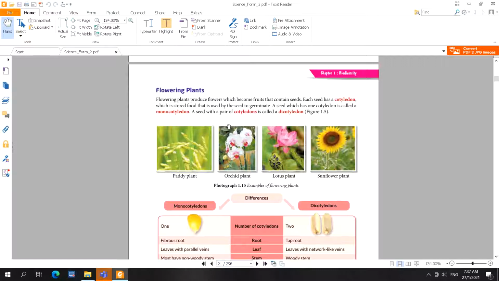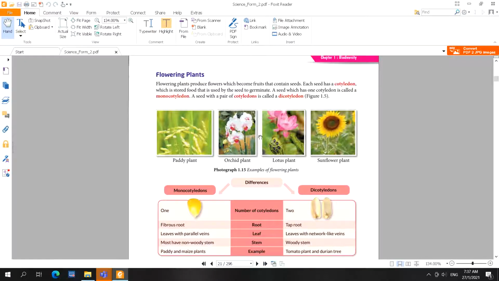We have two types of flowering plants, or flowering plants can be classified into two groups: monocotyledon and dicotyledon. What is monocotyledon? Monocotyledon means it has only one cotyledon, while dicotyledon consists of two cotyledons.